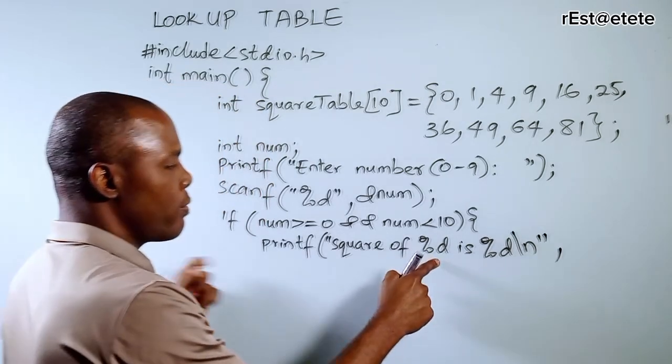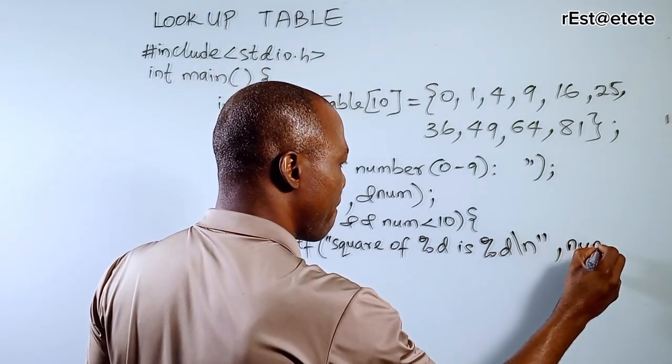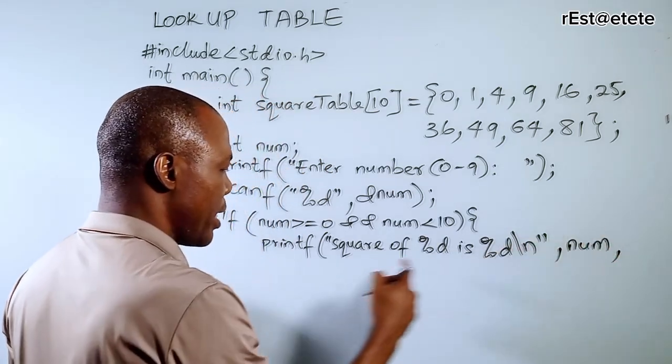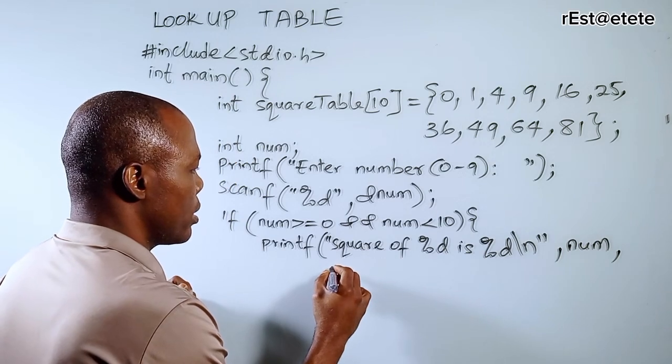This one, square of, will receive num. It's an expression that will receive num. Why this one? What should be there? I'll write it here. Will be what?